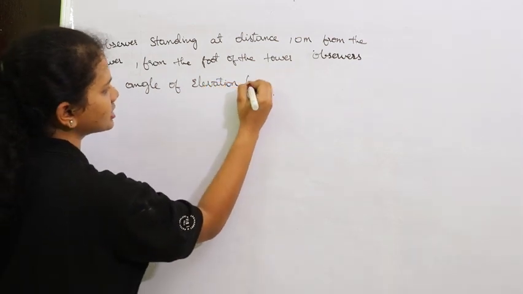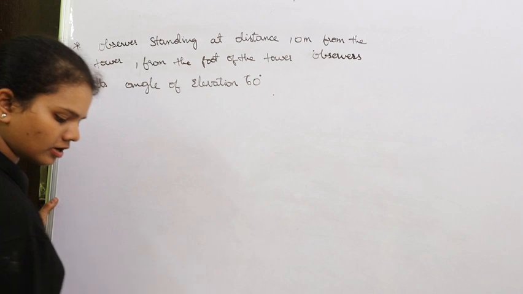Angle of elevation how much? 60 degrees. Okay, now we must draw the suitable diagram.